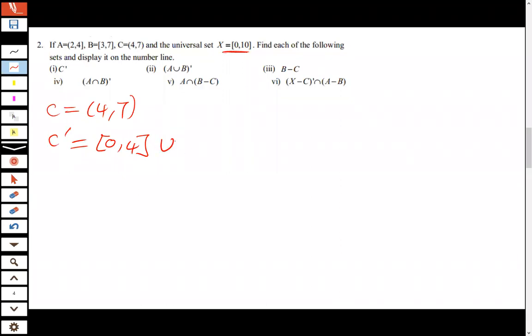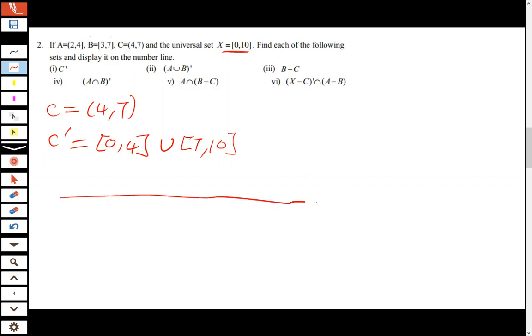Then we say union. 7 is not part of C, meaning it's going to be part of the complement. Then comma, and we write 10 there. So this is the complement of C.